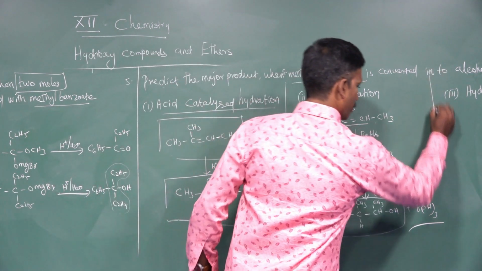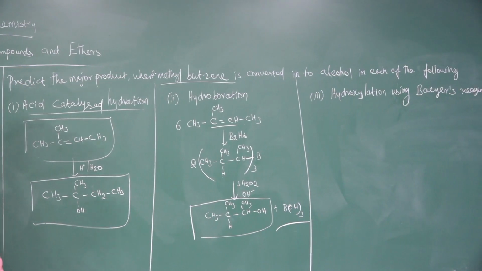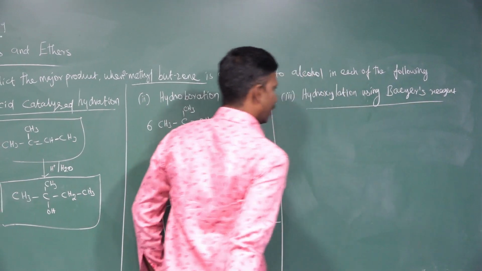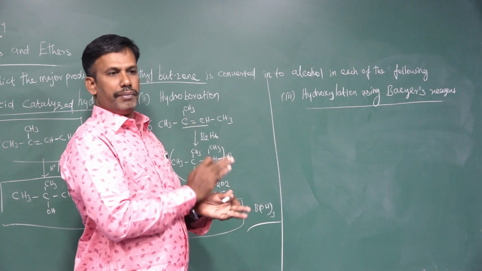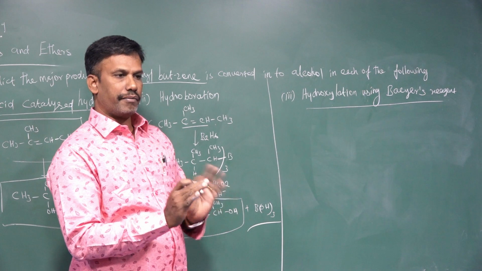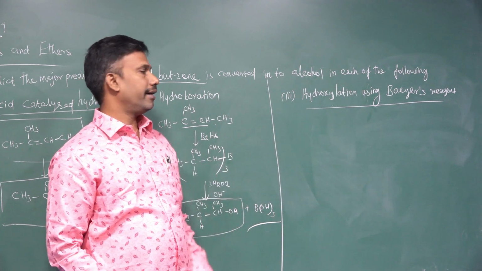Then let us move on to hydroxylation using Baeyer reagent. What is called Baeyer reagent? That you know very well, it is called alkaline KMnO4. What is the role of the Baeyer reagent? Whenever Baeyer reagent is used on an alkene, it produces diols, not monols.